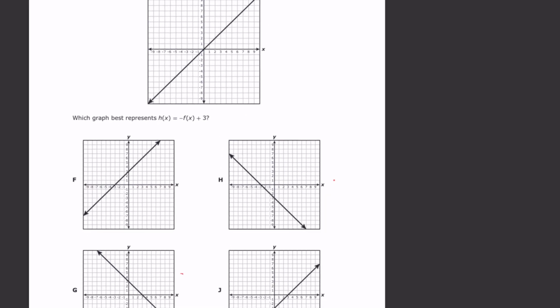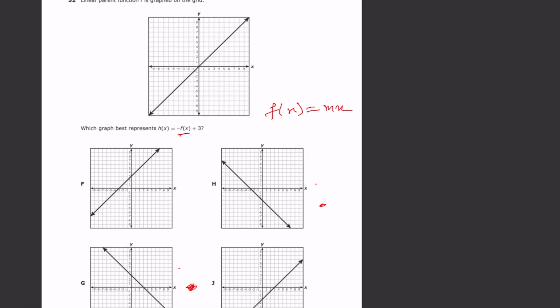We have to see that, because here it is telling that f of x is a function of x which is negative, that is, the slope is negative over here. So negative means which side should it be? It should be either h or g. That is the first option which we can see over here for the 52nd problem.